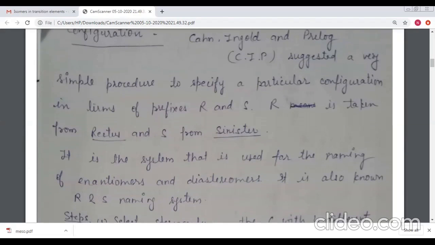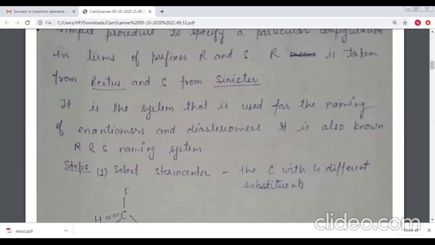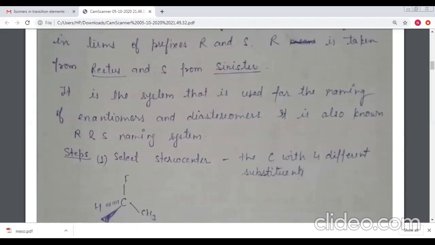The prefixes are R and S, where R is taken from rectus and S is from sinister. So it is the system that is used for the naming of enantiomers or diastereomers. We have already discussed diastereomers. Diastereomers means they do not have a mirror image relationship. It is called the RS naming system.